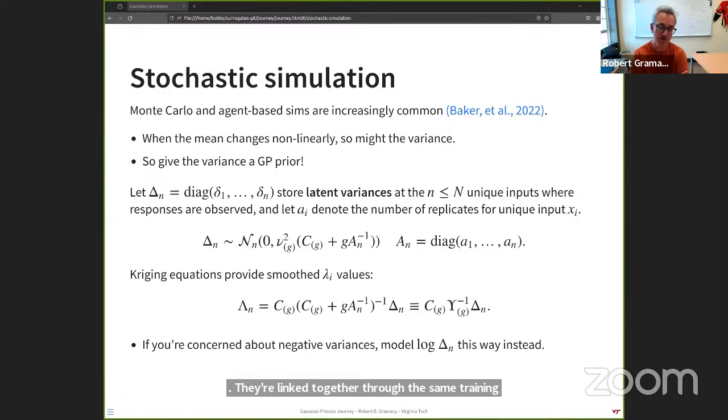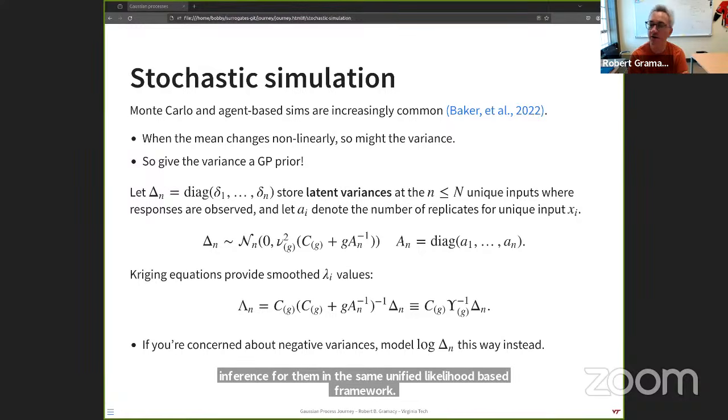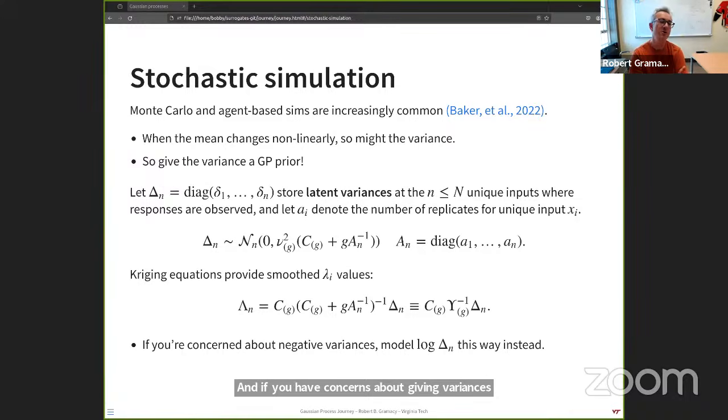So I have two priors, a prior on the means and a prior on the variances. Both of them are distance related through Gaussian distributions, and I can perform inference for them in the same unified likelihood-based framework. And if you have concerns about giving variances Gaussian priors, you can do this with the log variances instead, and it works just as well.